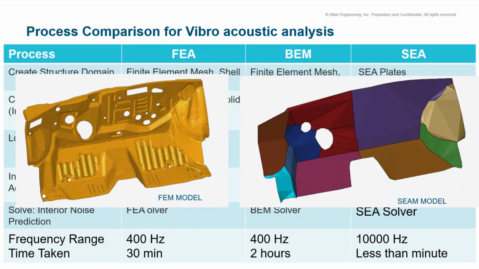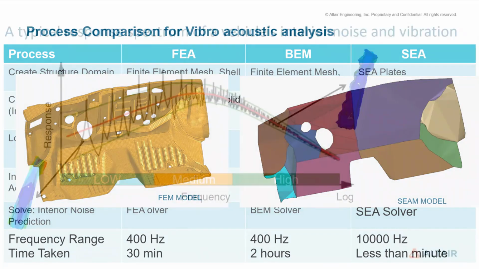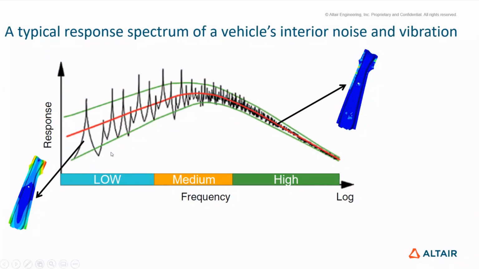Because there is one more reason why it is like that: in low frequencies, where FE works majorly, the deterministic peaks are very independent and not coarsely placed. But as the frequency increases, the peaks come together and it is very difficult to identify which peak is contributing.